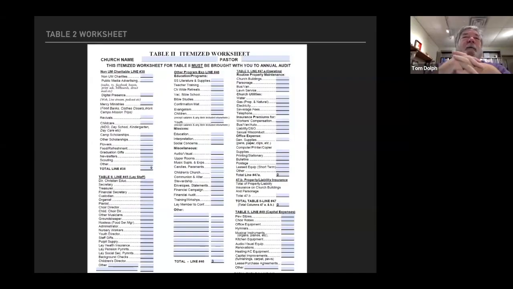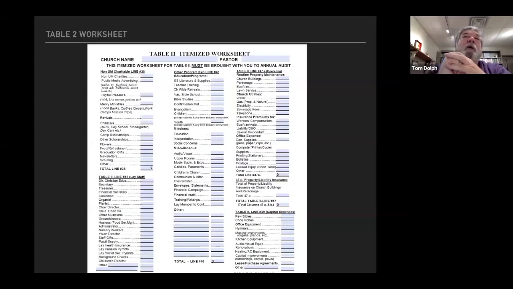The itemized worksheet offers suggestions of the types of things that go in each column of table 2. It may not cover everything that your church expends money on, but it does give you an idea of the types of things that go in each category.